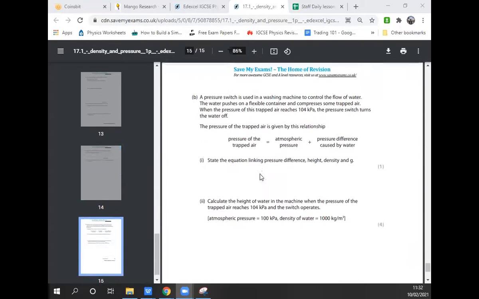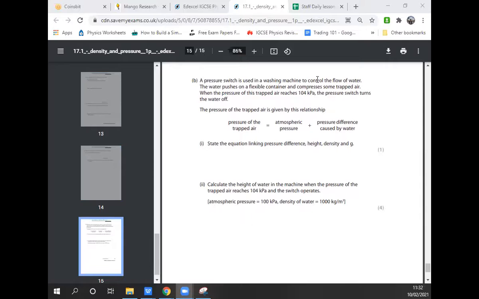Now here there's another example. In a washing machine, a pressure switch is used to control the flow of water. The water pushes on a flexible container and compresses some trapped air. When the pressure of this trapped air reaches 104,000 pascals, the pressure switch turns the water off. The pressure of the trapped air is given by this relationship.